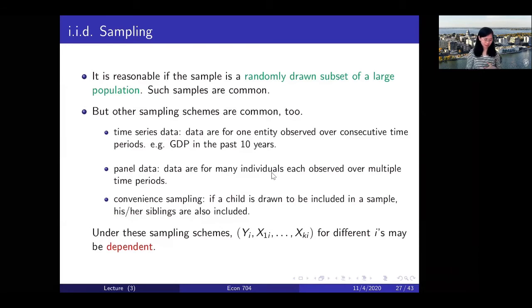But that can create dependence between the observations. So under these different sampling schemes, the data for different i may be dependent and the IID sampling assumption may be violated. But for now, let's not worry about that. Let's assume that IID sampling does hold, and our data set is a randomly drawn subset from a very large population.